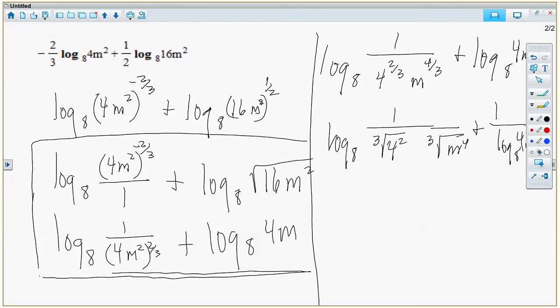But I'll finish it. Log base 8 of 1 over the cube root of 8 times the cube root of 2 times the cube root of m to the 3rd times the cube root of m, plus all this stuff right here.